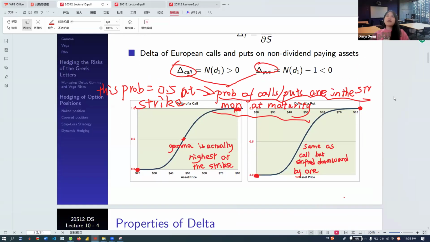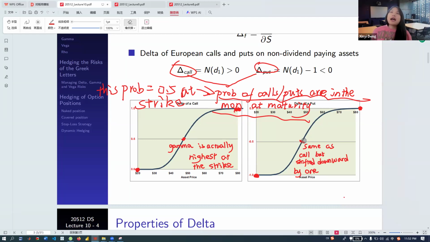Also, we can work out this 0.5 at the strike by thinking that at the strike, the probability of the put being in the money at maturity... Sorry, let me wipe that out. For the explanation of this 0.5 here, again, you can think of delta as the probability of the put being in the money at maturity.